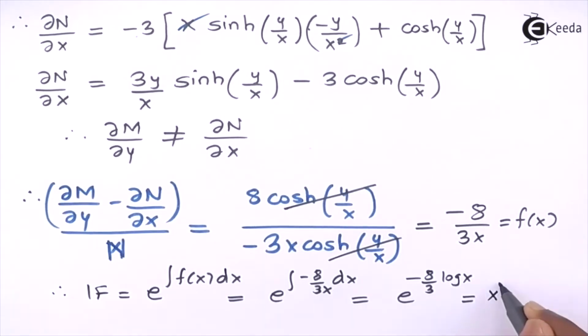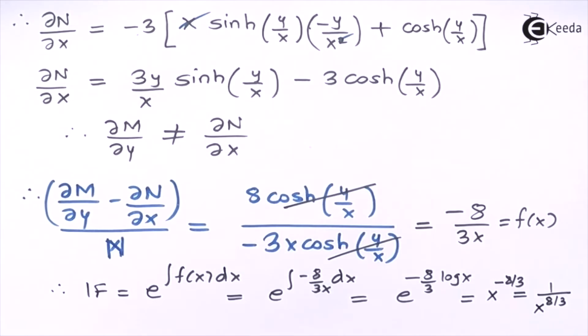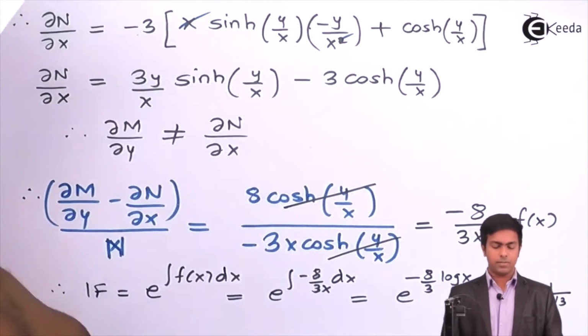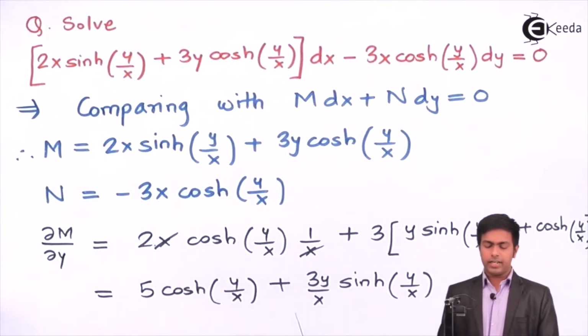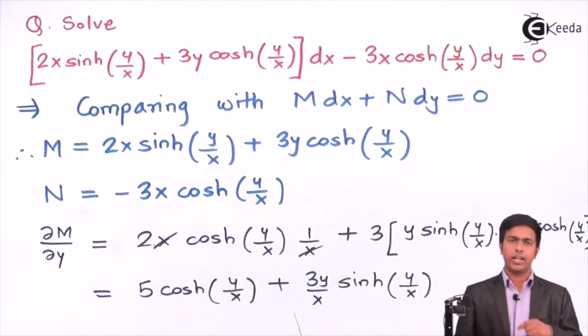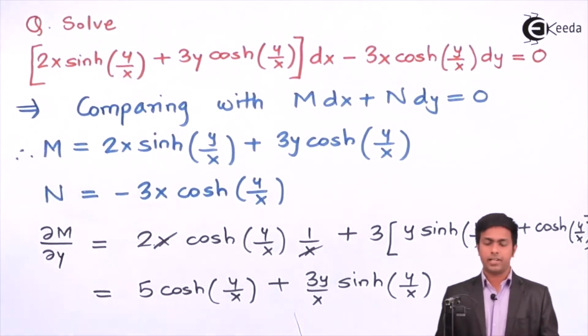So we will get x raised to minus 8 upon 3, which is equivalent to 1 upon x raised to 8 by 3. So guys, this is the integrating factor that we got, and if we multiply the given differential equation with this integrating factor, then it gets converted into exact and then we get the solution by the exact differential equation method.